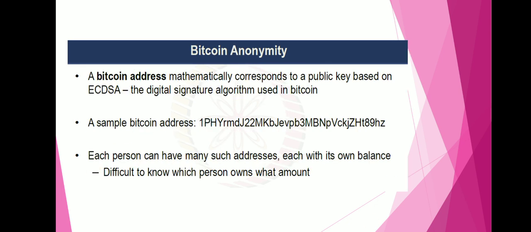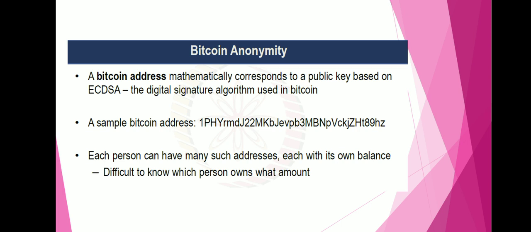In this slide you can see a sample Bitcoin address. This is a hexadecimal address, and here we have used SHA 256. A Bitcoin address mathematically corresponds to a public key based on ECDSA, that is the Elliptic Curve Digital Signature Algorithm, the digital signature algorithm used in Bitcoin.